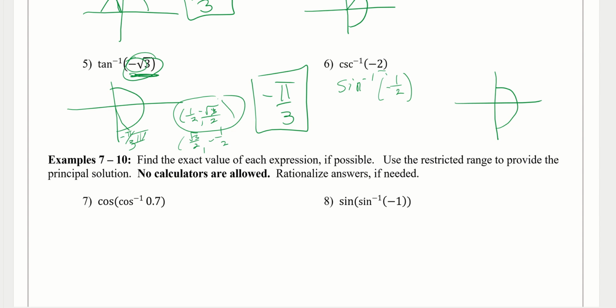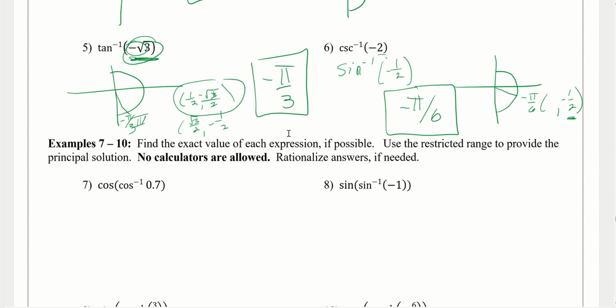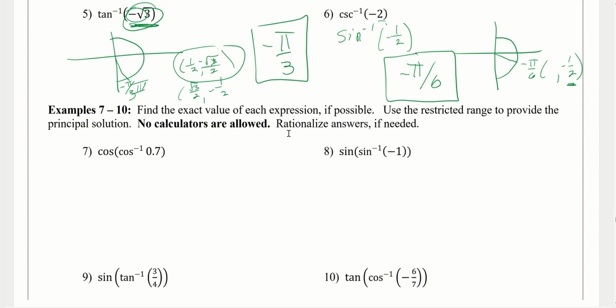For this one, I'm going to have this value of negative pi over 6, which again gives me the x, but all I really care about is the y value, since I'm looking at sine in this case. So sine is negative 1 over 2, and cosecant would be negative 2 here. Okay, so that's the answer I'm looking for, pi over 6. Not a whole lot of work or math behind it, but definitely a lot of thinking behind there.